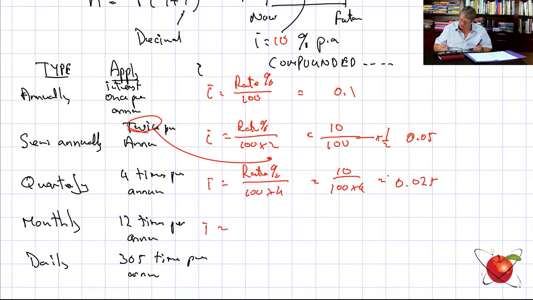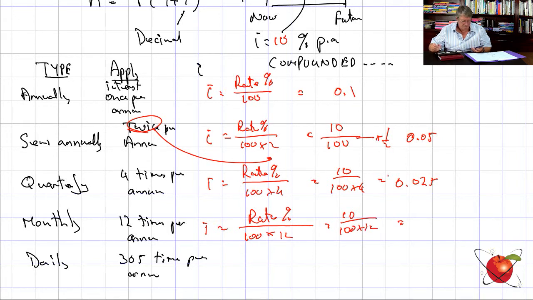This is going to be equal to the rate percentage over 100, to change it to a decimal, multiplied by a twelfth. So it's 10 divided by 100 equals that, divided by 12, and my decimal is 8.33 times 10 to the minus 3.